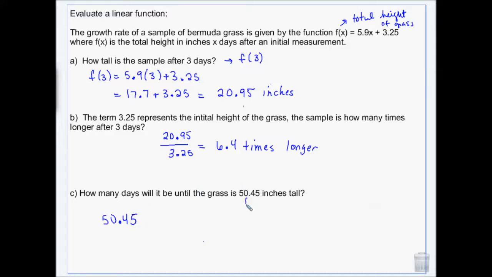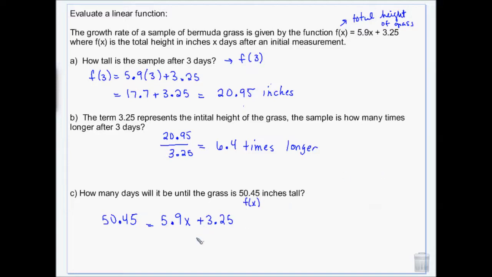And if we want to find out how many days until it's 50 inches tall, I'm going to plug 50 in for f of x, because f of x is the total height, and then I'm going to solve for x. So leave the x in there, plus 3.25.